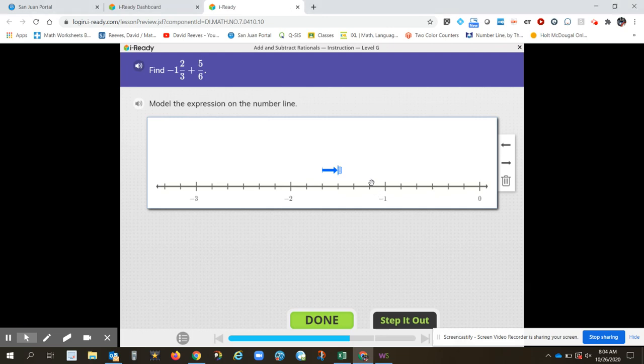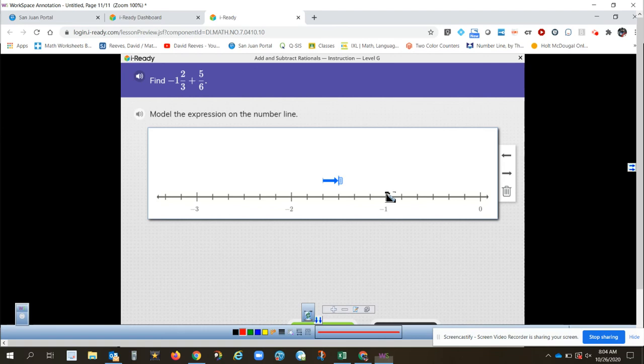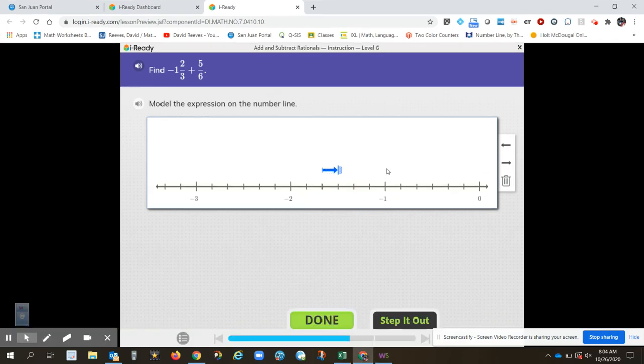Because again, if I went right here, there's negative 1, there's negative 1 and 1/3, there's negative 1 and 2/3. So I'm starting at the right spot right there, and I want to go 5/6 to the right. Okay, so 1/6, 2/6, 3/6, 4/6, 5/6 to the right. Okay, got it right this time.